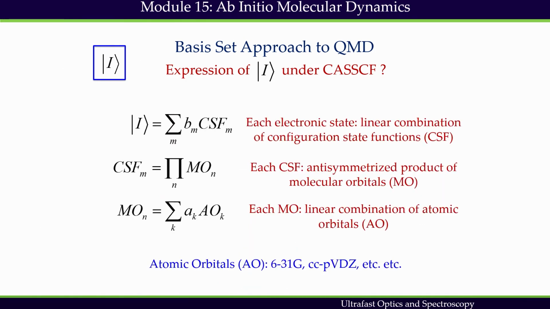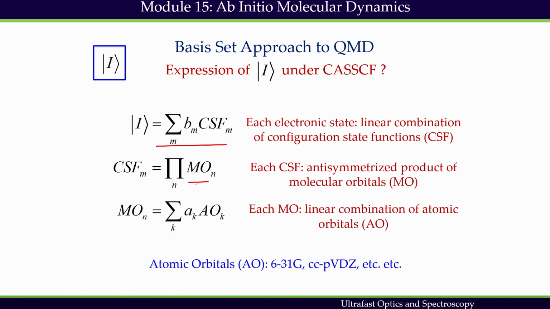The hierarchy in the CAS-SCF method is the following. Each electronic state is expressed by a linear combination of configuration state functions, each configuration corresponding to a configuration state function. Each configuration state function is an antisymmetrized product of the molecular orbitals.